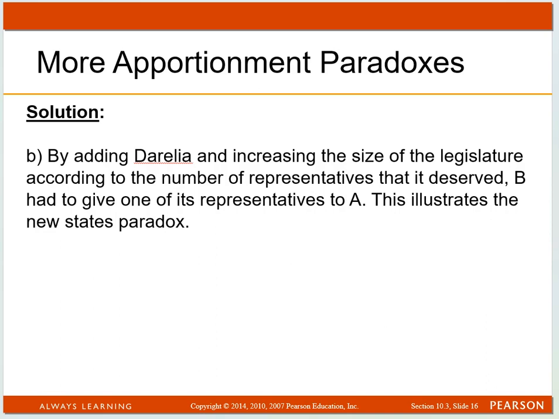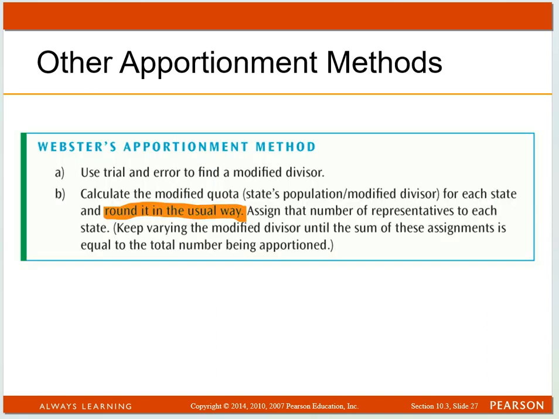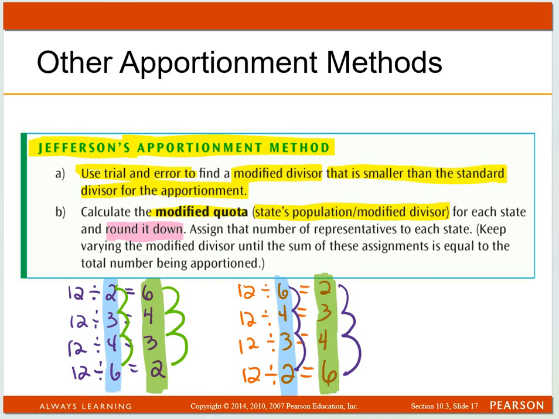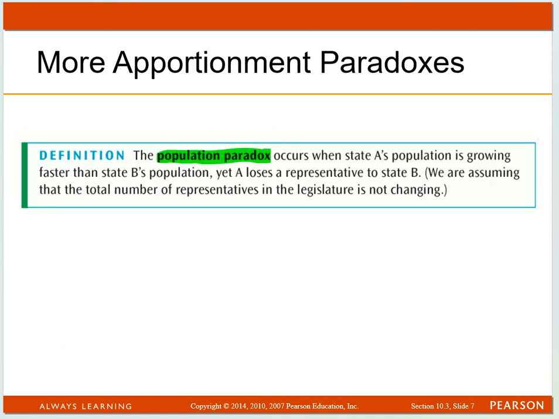Here it is. The population paradox occurs when state A's population is growing faster than state B's, yet A loses a representative to state B. In this case, it's not representatives, it is security personnel.